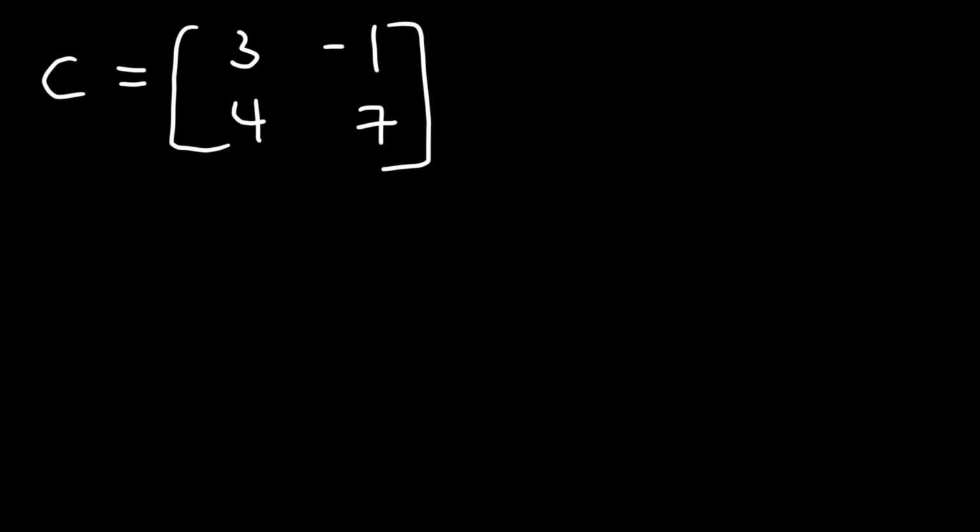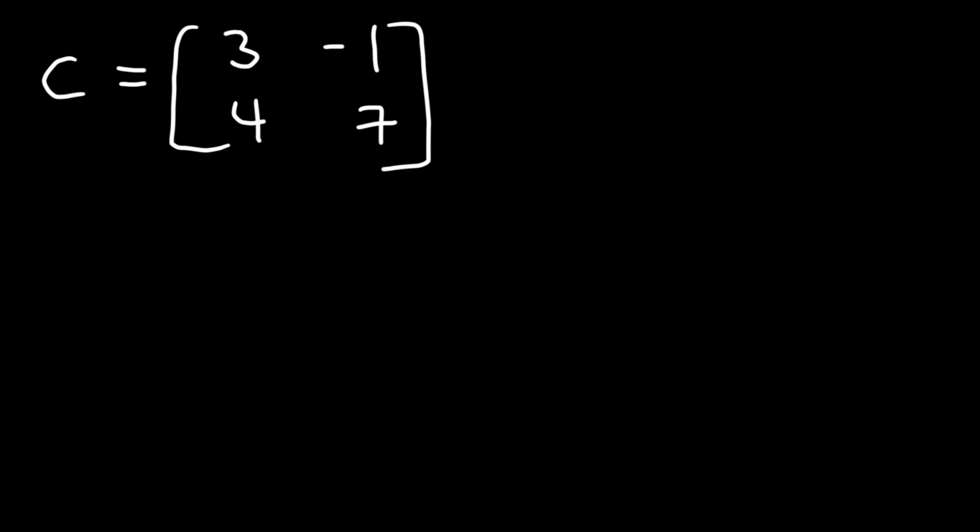Now, first of all, let's talk about what we call the order of a matrix. Let's say we have matrix C containing the numbers 3, -1, 4, and 7. What is the order of this matrix? First of all, let's count the number of rows and columns. The rows are horizontal and the columns are vertical.